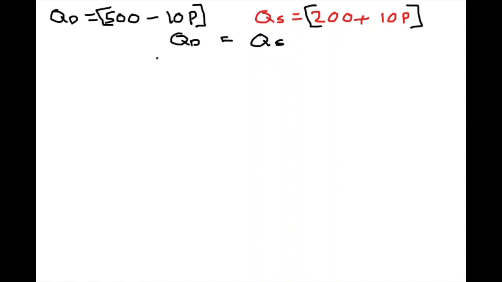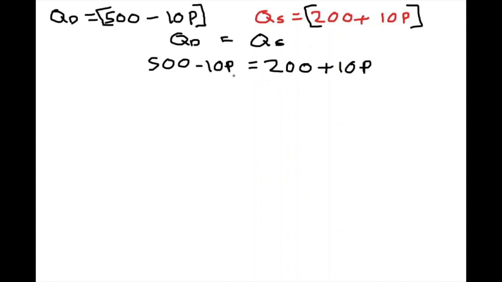So we can say 500 minus 10p is equal to our supply function, 200 plus 10p. And here we would like to solve for the unknown, and the unknown value is price.